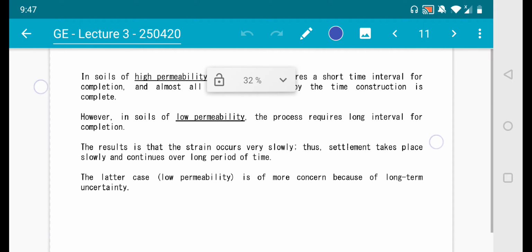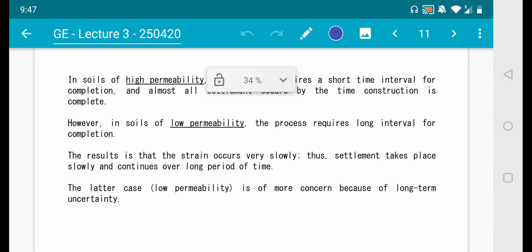Now let's talk about permeability. In soils of high permeability, meaning water can pass through easily, this process requires a short time interval for completion, and almost all settlement occurs by the time construction is complete.